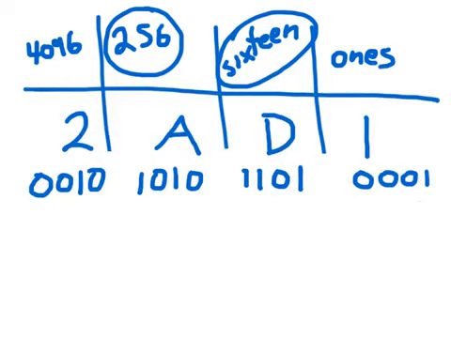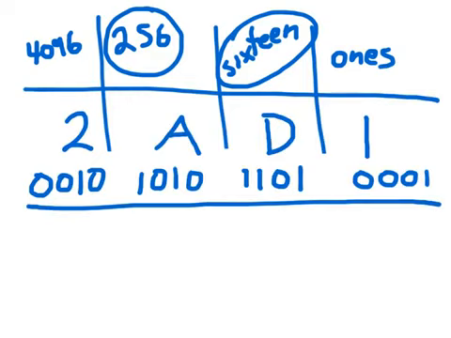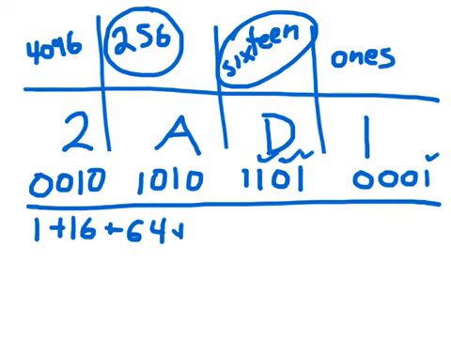We're going to have a 1 in the ones place. I'm just going to write it under here. So I'm going to say 1 plus. Then we have a 1 in the 16s place. And then we have a 1 in the 64s place. And in the 128 place. Nothing in the 256.